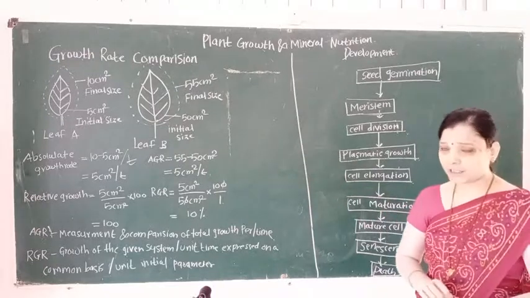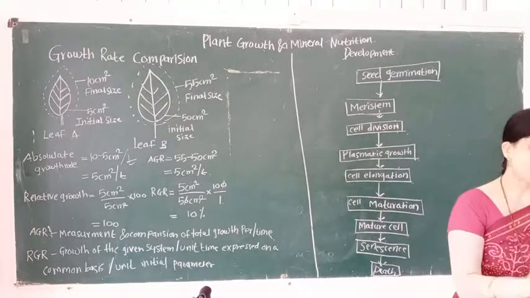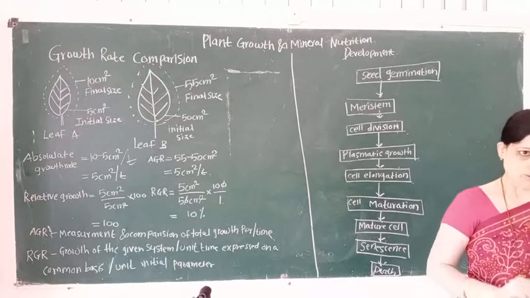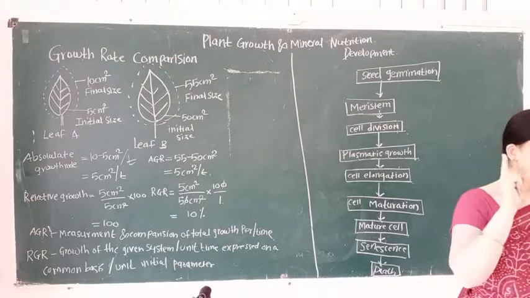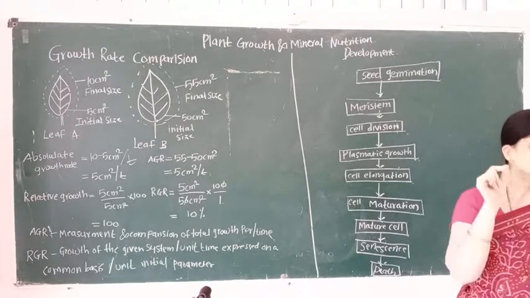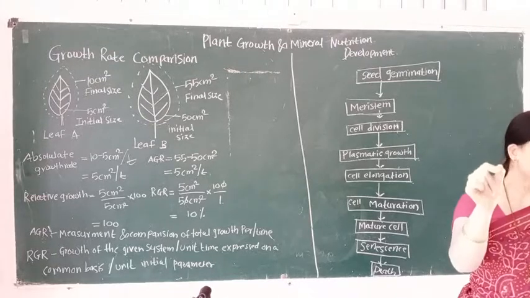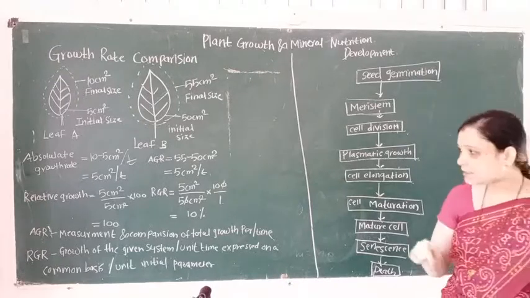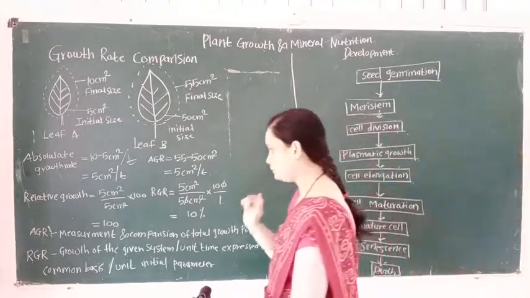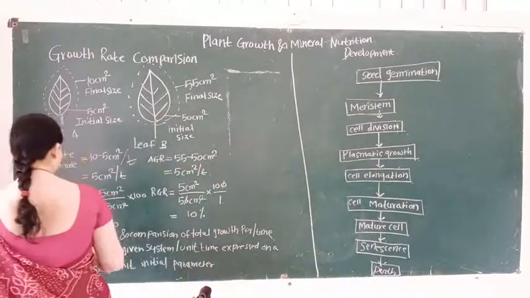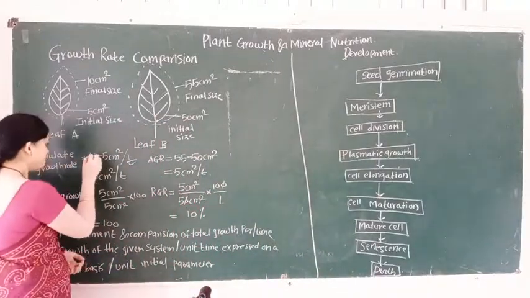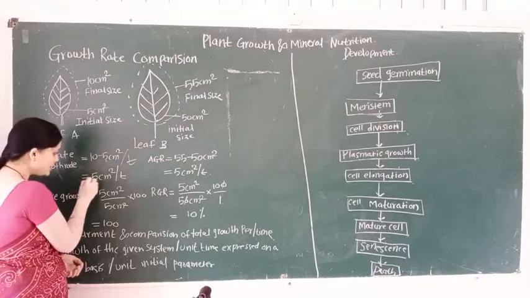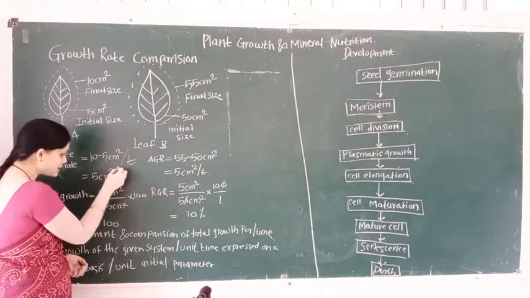Then how do we calculate the relative growth rate? Absolute growth rate in leaf A is equal to 5 centimeter square per t. Then the relative growth rate: 10 minus 5 is equal to 5 centimeter square.